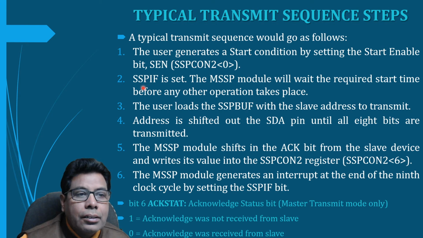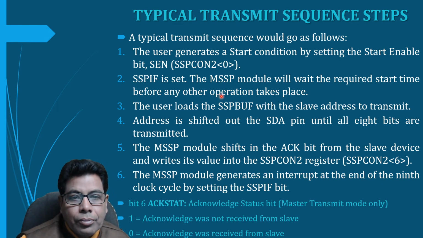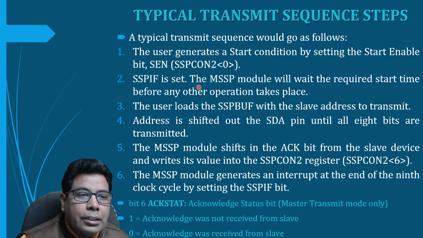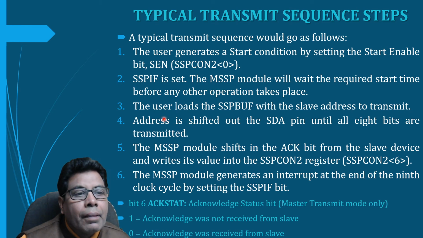Then the SSP interrupt flag is set. That is for the interrupt enabling. Then the MSSP module will wait for the required start time before any other operation takes place. We have already shown the timing diagram, so that is with reference to that. Then the user loads the SSPBUF with the slave address.